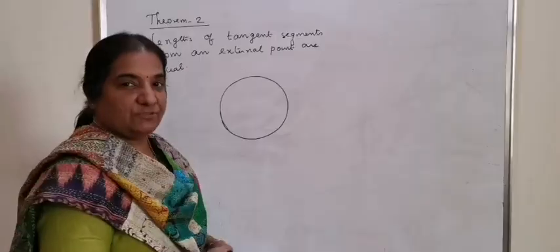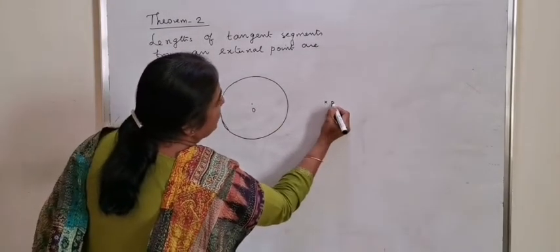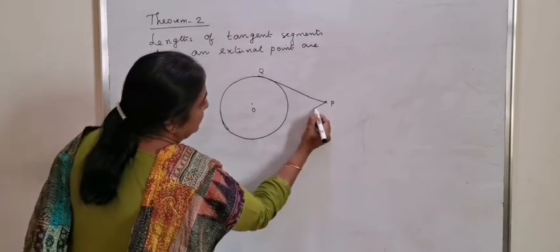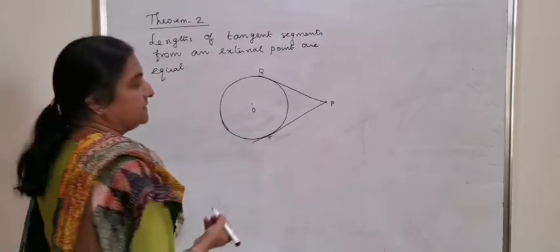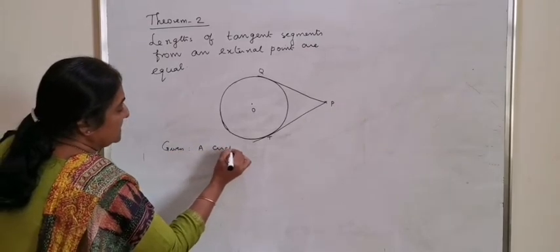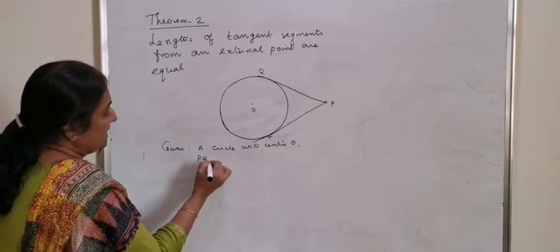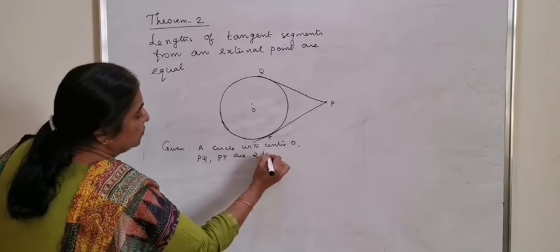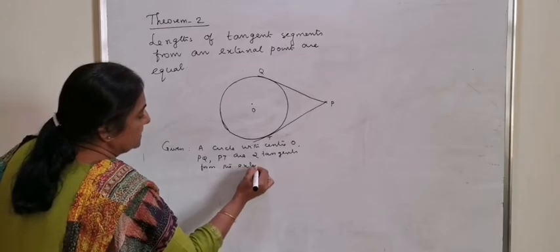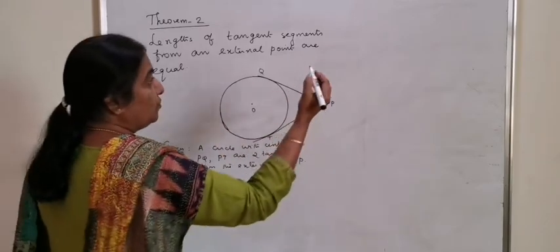Let's prove. Let's draw the figure. Given a circle with center O, let P represent the external point, let PQ represent the first tangent, and PT represent the second tangent. So given a circle with center O, PQ and PT are two tangents from the external point P. And what is to prove?